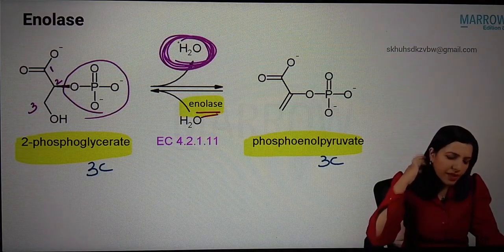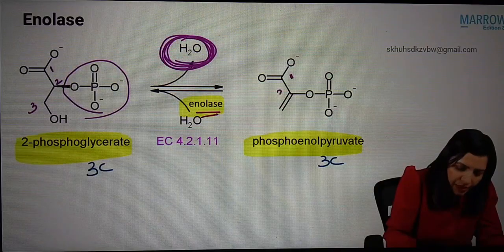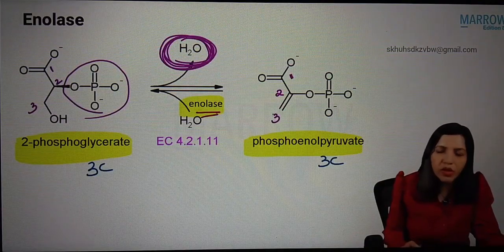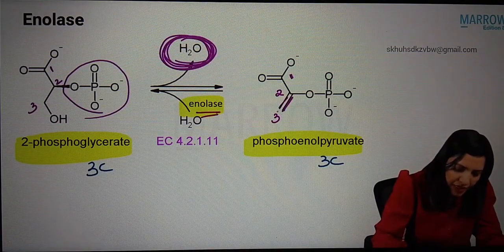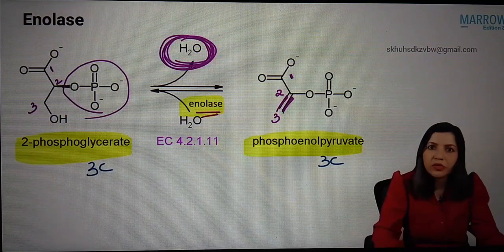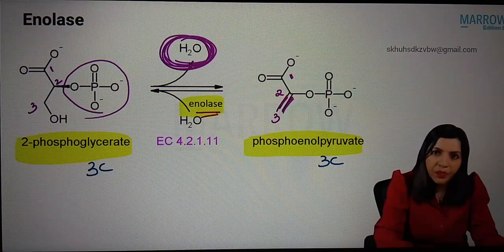Once the water is eliminated, between the second and the third carbon atom a double bond is created. So it forms a double bond by atom elimination.